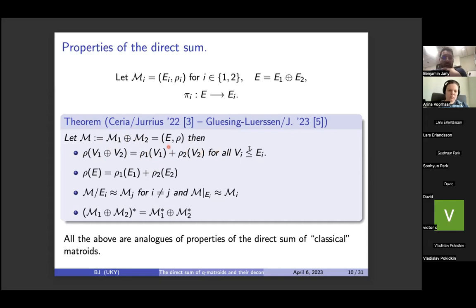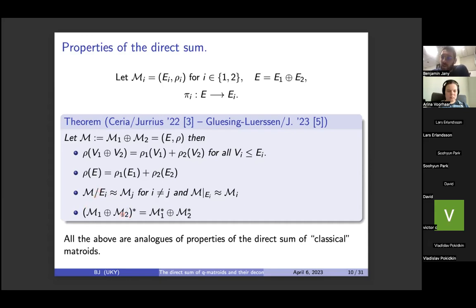Okay, and so by generalizing this, we get that the rank of the direct sum of q-matroids is the sum of the ranks of each component. And now we also get that one can go from the direct sum back to the summand by taking deletion and/or contraction, which I won't go over the details of, but they're analogous to the ones in classical matroids.